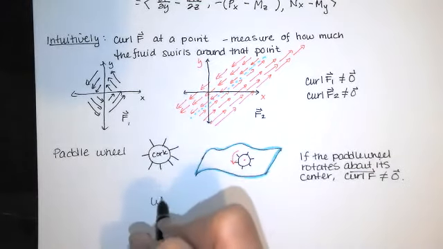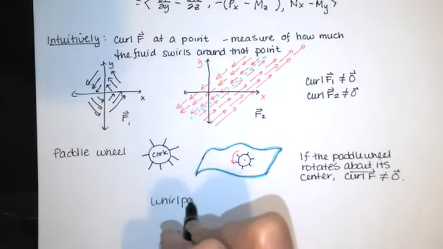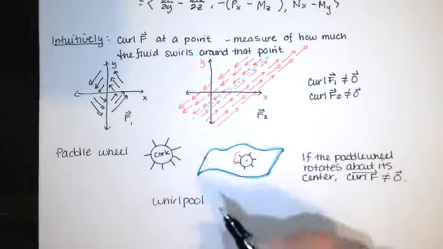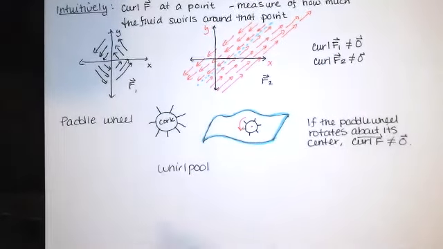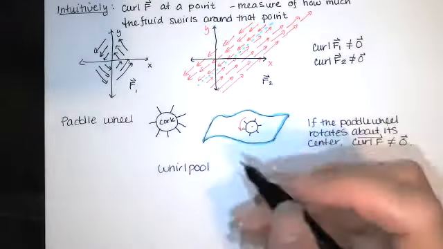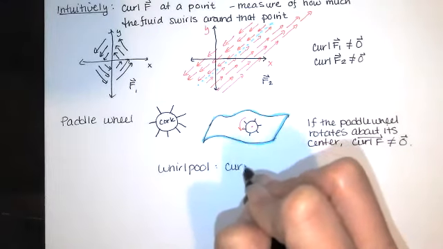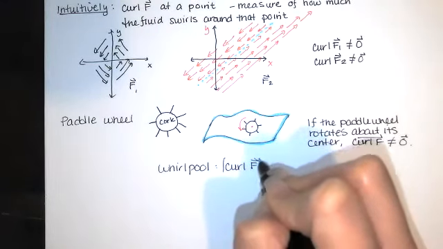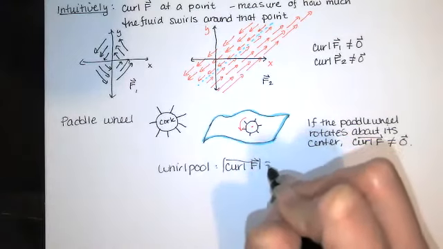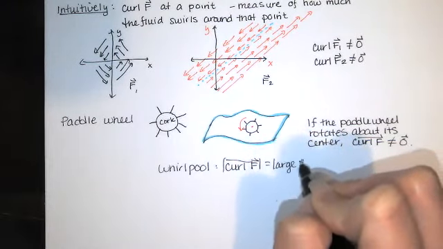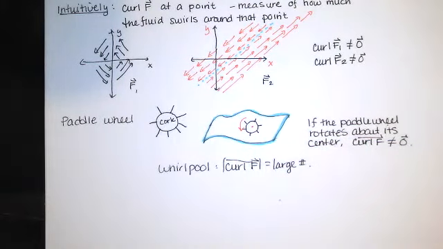A whirlpool or a tornado, we're in Oklahoma. Or I'm from Florida, hurricanes. That's a curl where the magnitude of the curl is very large. So again, it's a tendency to rotate.